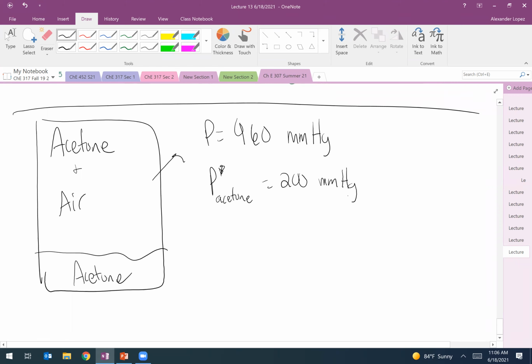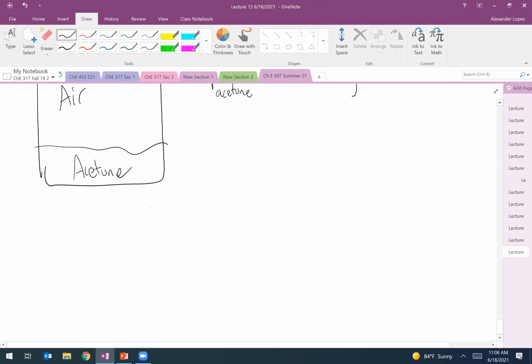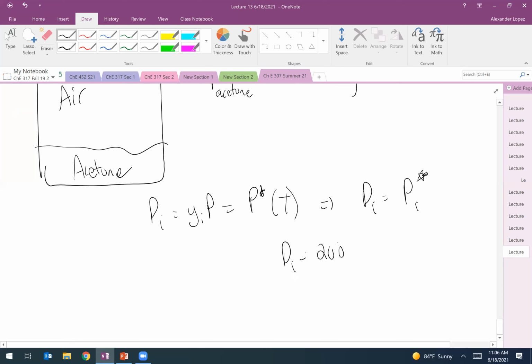The first question is, what's the partial pressure of acetone? According to Raoult's law, P sub i equals y sub i times P, which equals P sub i star at a given temperature, meaning P sub i equals P sub i star. So the answer to the first question is simply the 200 millimeters of mercury, the vapor pressure of acetone given.